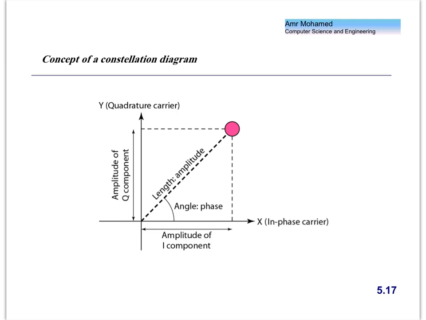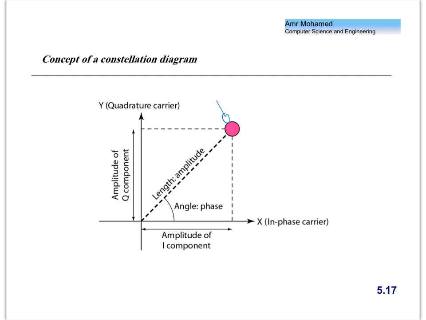The IQ diagram is another way of representing these signals using, in that case, just dots. Okay? And as we will see, this way of representing the signal will allow us to visualize the signal in a more efficient way.